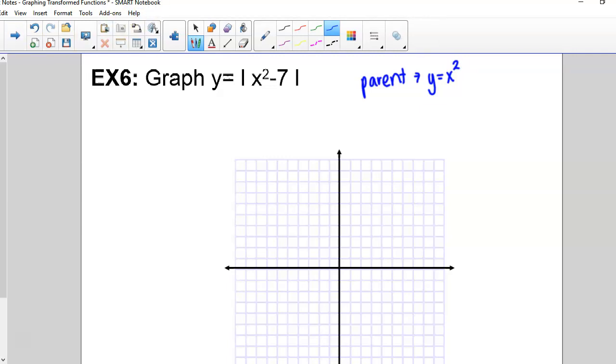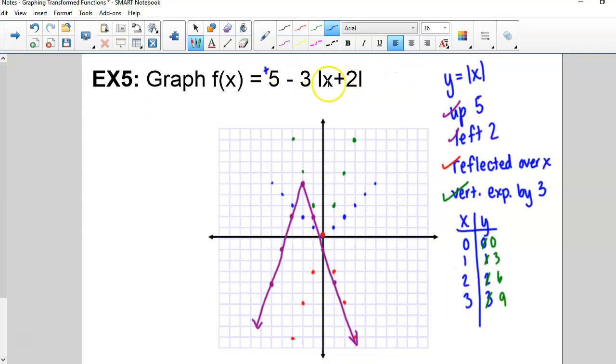Now, if we go back to the one we just did, notice inside of those absolute value bars, all I had was an x plus 2. I didn't have anything strange like a square or a square root or a cube, or a fraction or anything like that. Just x plus 2. Okay, so that just moves it to the right 2. So the parent graph was an absolute value there.